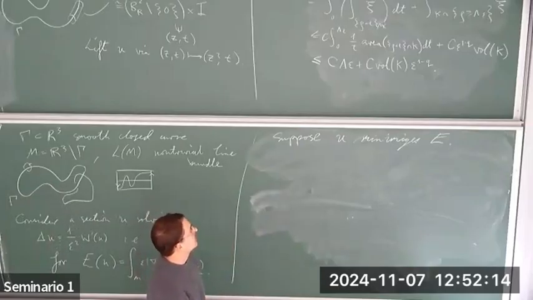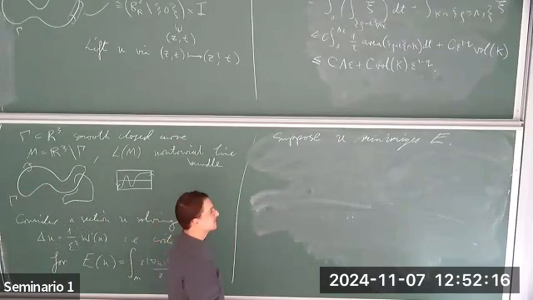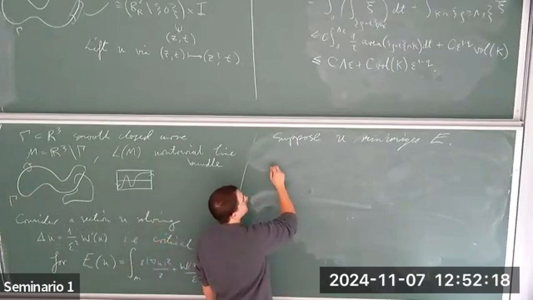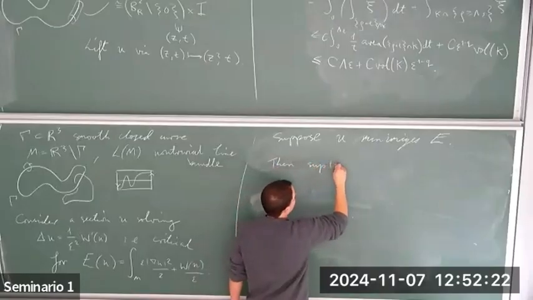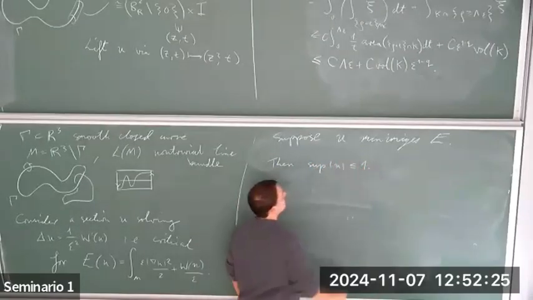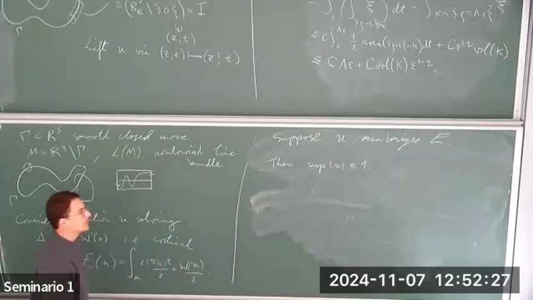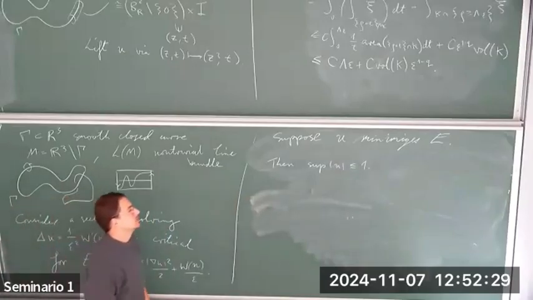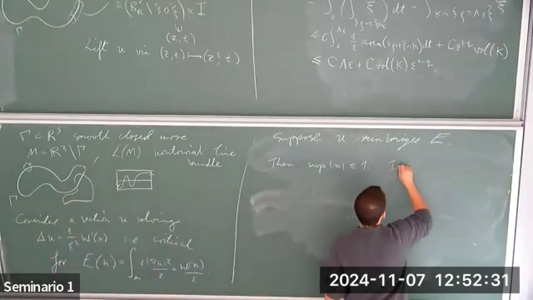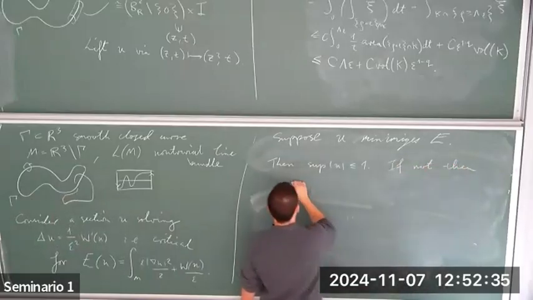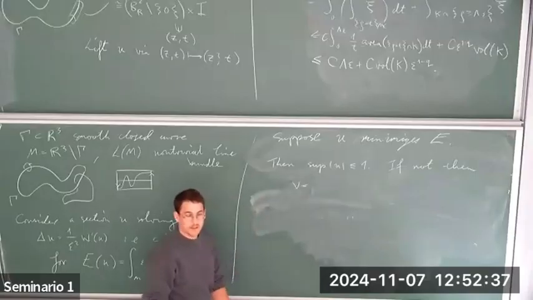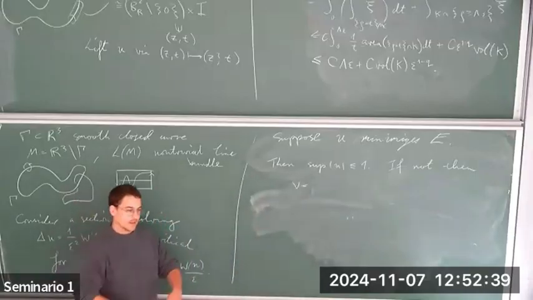Let's first record some basic properties of the minimizer. So the first thing that we can say is that u is bounded from above by 1. And why is this true? Well, if not, then I can construct a competitor with less energy. And how do I do this?